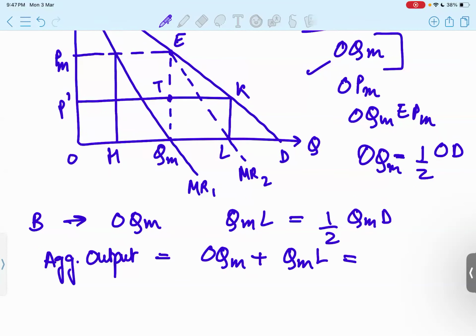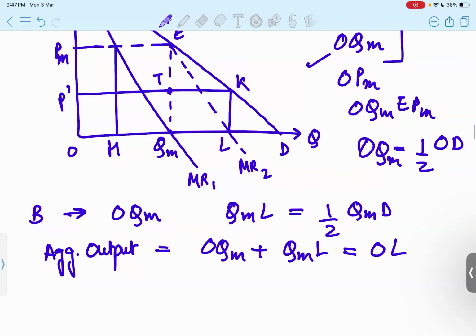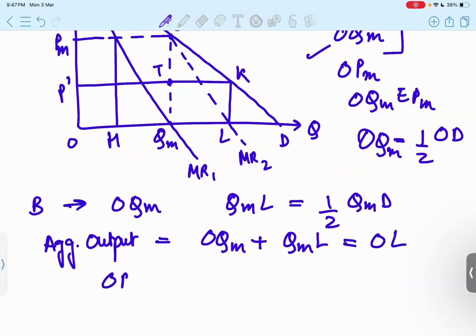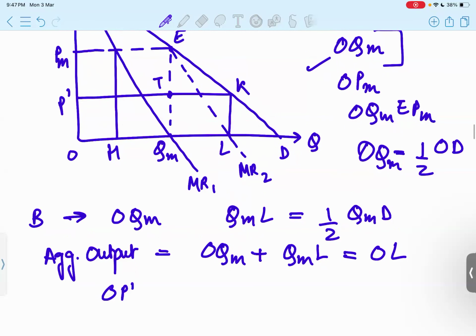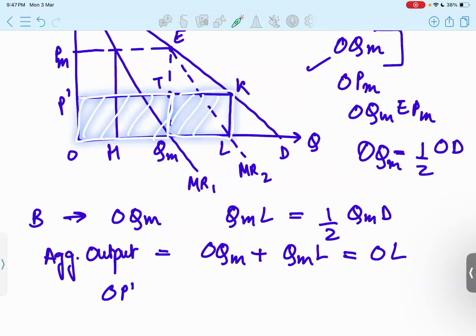So it gives a total of OL. At OL, the price is OP dash, which is clearly lower than the monopoly price OPM. So the profits of firm A have now reduced, and they are represented by this particular area for firm A, and this area is the profit for firm B.